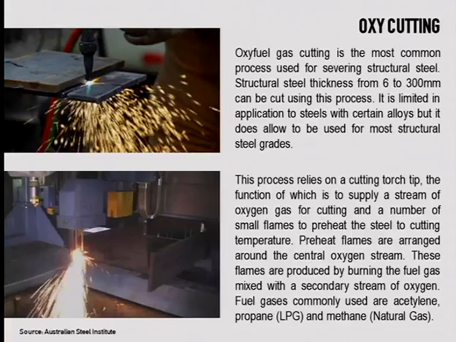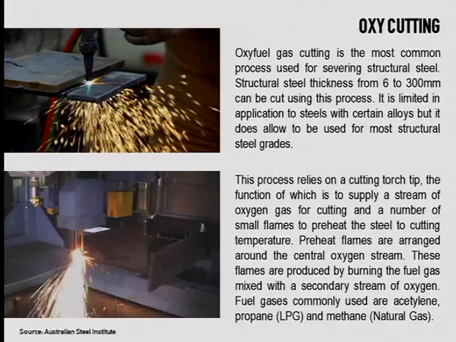Oxycut is more interesting because, look at this gun here. There is a stream of oxygen gas, and there are also some small flames that just preheat the steel to the temperature that is suitable for cutting. So you can realize a very clean cut, and you can also do it on site.